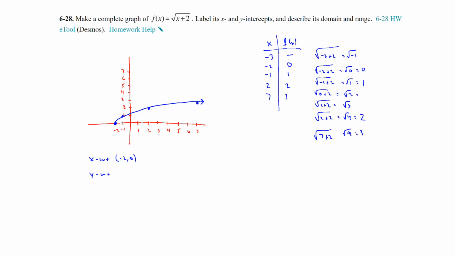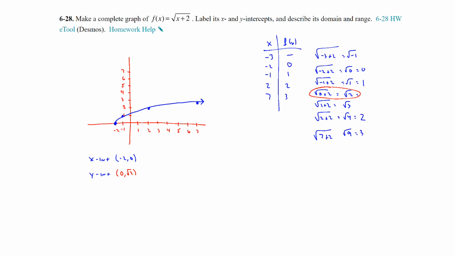It doesn't look like it intersects nicely. The y-intercept is when x is 0. So if I plug in 0, which we did, we did plug in 0 right here, and we got the square root of 2. So the y-intercept, when you plugged in 0, you got the square root of 2. Definitely not a nice number in terms of an integer, but it'll work.